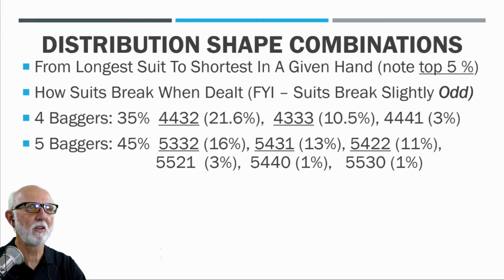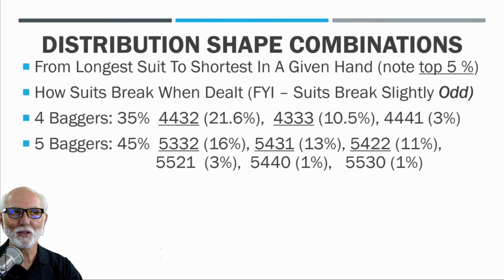Where there's 5 cards, there's 6 different combinations here. A 5-3-3-2 is 16%. 5-4-3-1 is the next most common. It's 13%, about 10. Same with a 5-4-2-2, a little less often there. 5-5-2-1, not too often. A 5-4-4-0, 1%, and a 5-3-3-0 is also 1%.